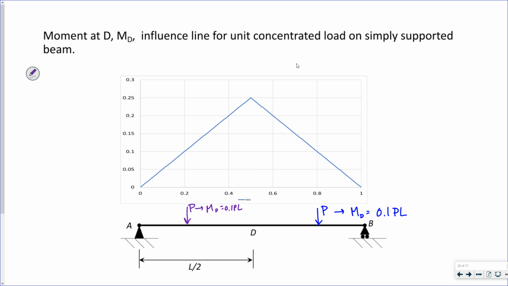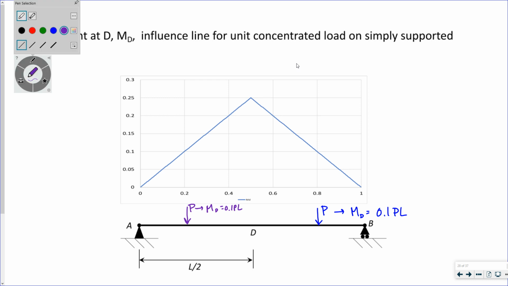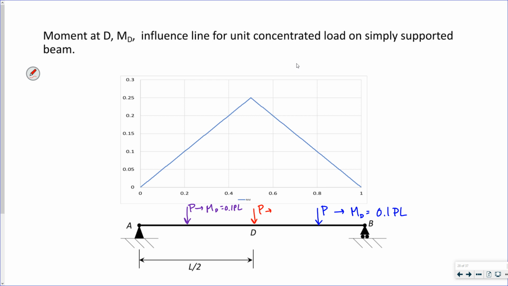Where would I put my load for maximum positive bending moment at D? I put it right there for maximum positive moment at D, which would be PL over 4.